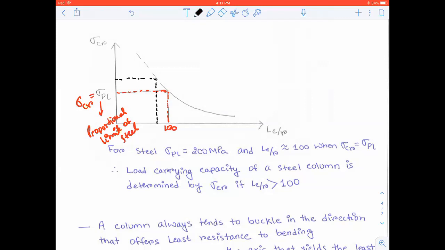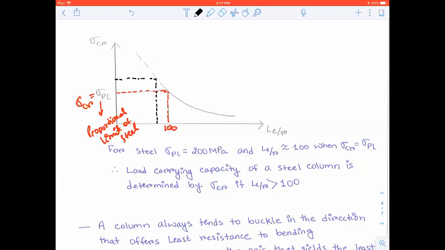Now, for any engineering structure, we consider that structure to have failed if it has reached its proportional limit or yielding limit, because in reality you cannot see the proportional limit. Proportional limit, elastic limit, and yielding all appear so close, so we consider yielding to be close to the proportional limit.